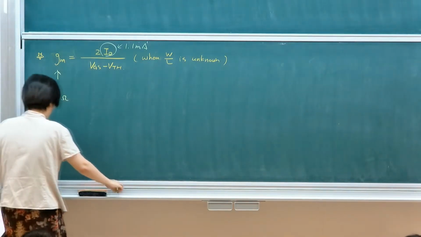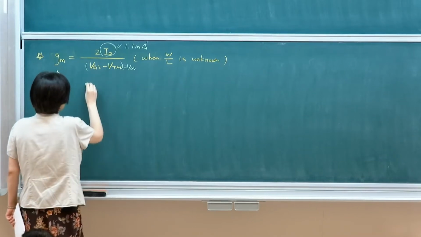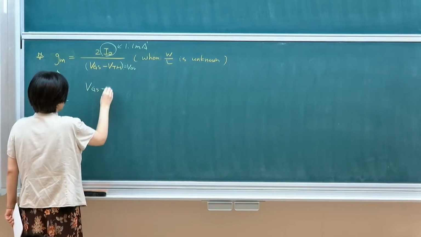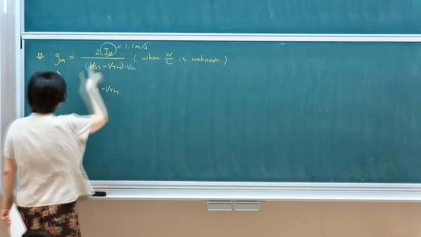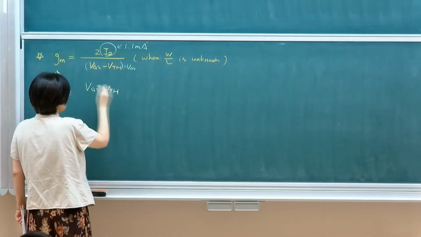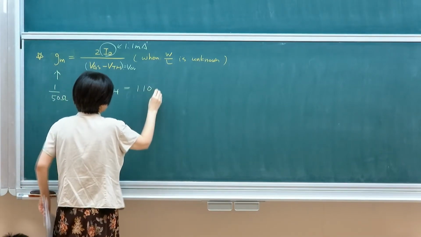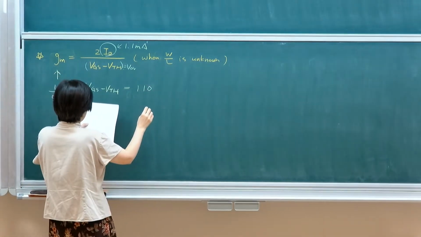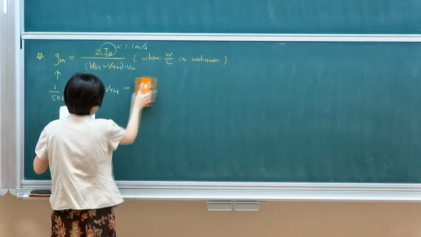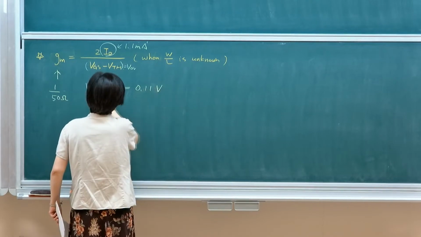This is the overdrive, VOV. So we know VGS minus VTH, from these two numbers, we should be able to get your overdrive as 0.11 volt.